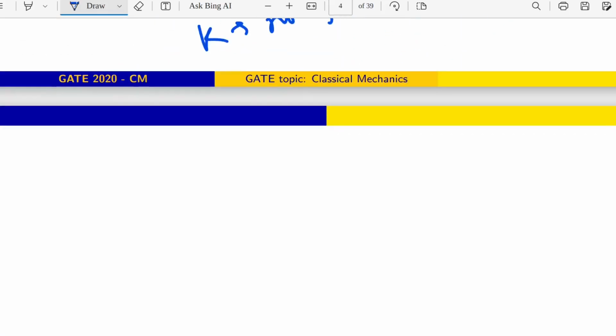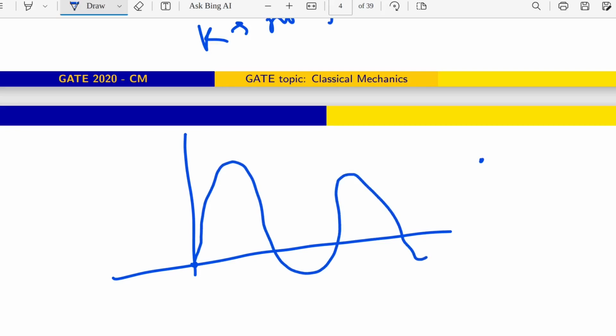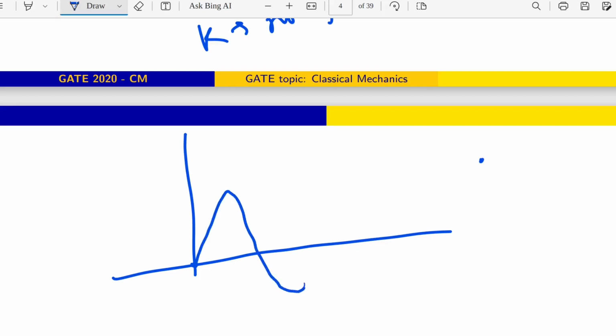Now in that question they are saying there is one particle, and this particle is moving in a sinusoidal curve. So let me draw this curve, which is a sinusoidal. I'm not that good at drawing, but yes. So this is a sinusoidal curve.